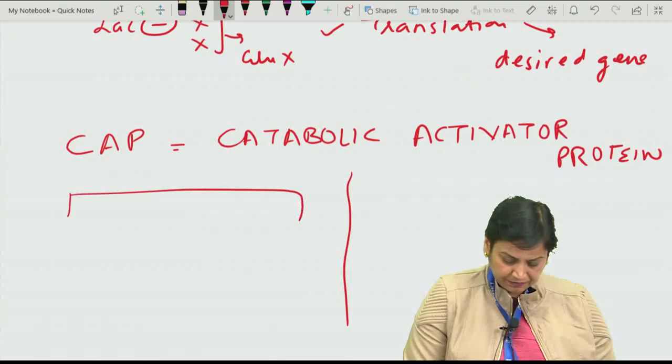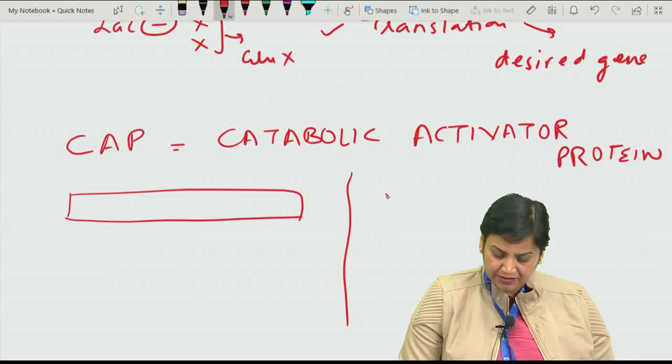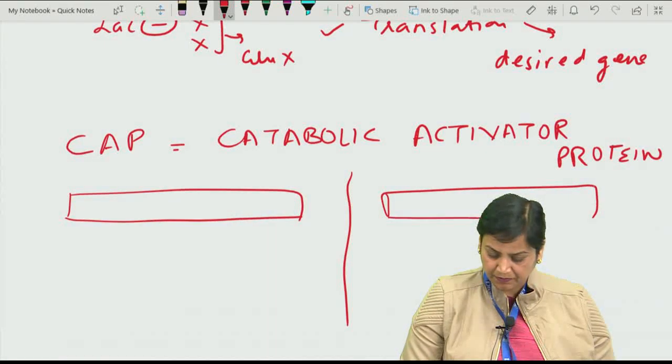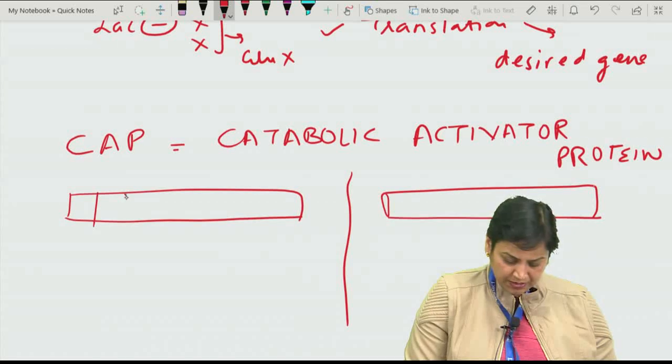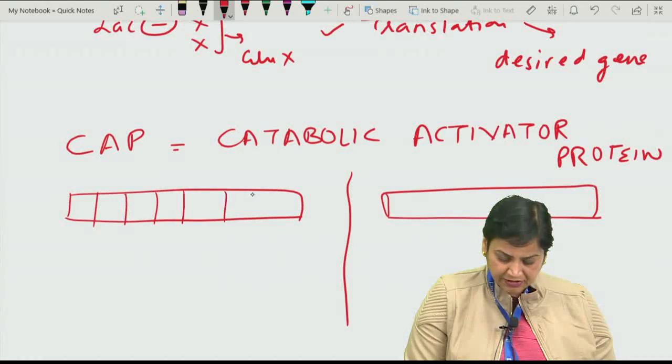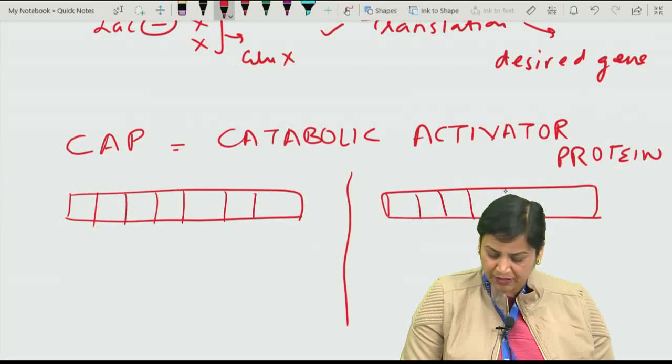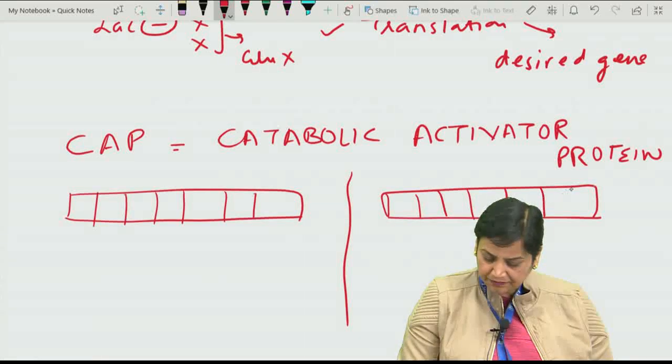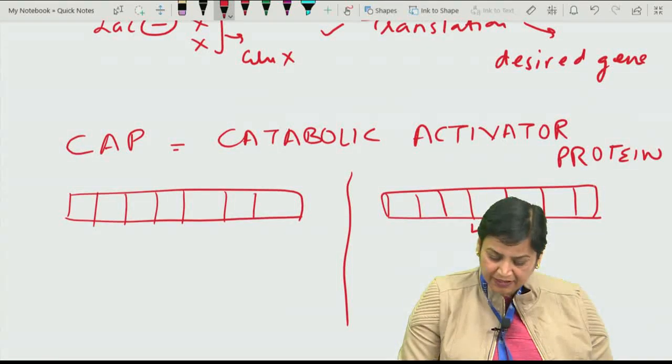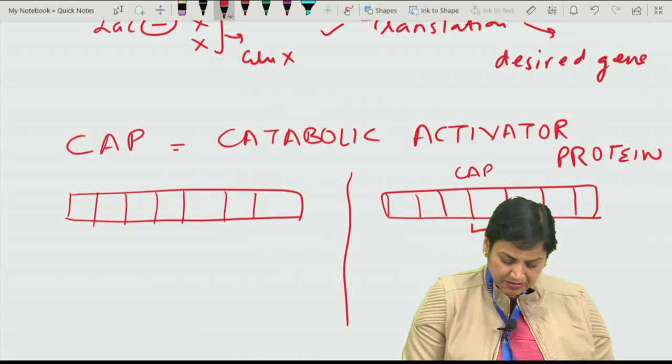This is again an operon. This is another: regulator, promoter, operator and structural, regulator, promoter, operator and structural. Somewhere here this CAP is present.